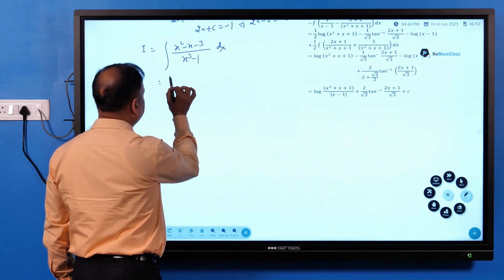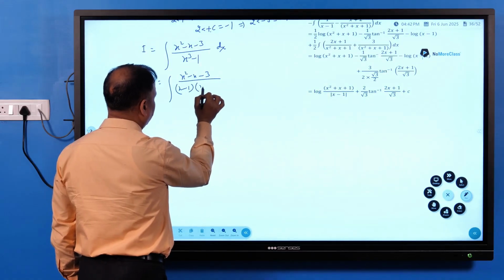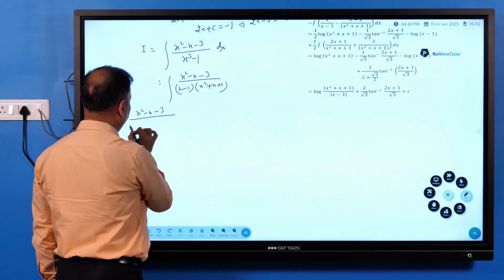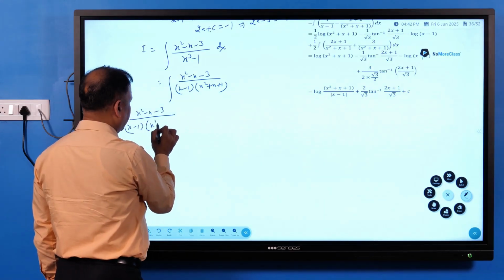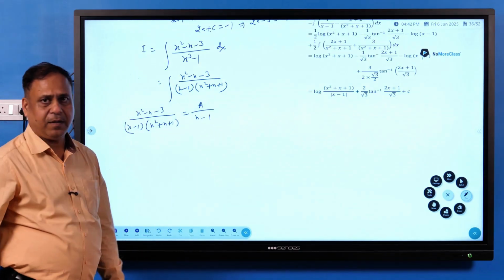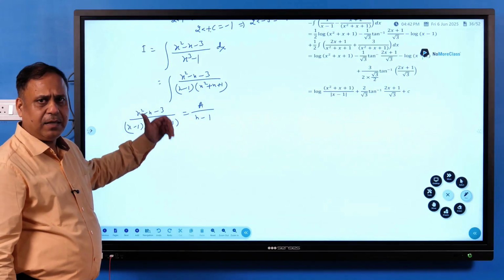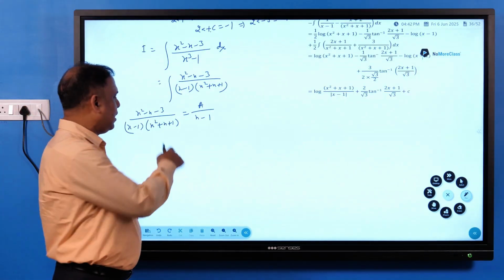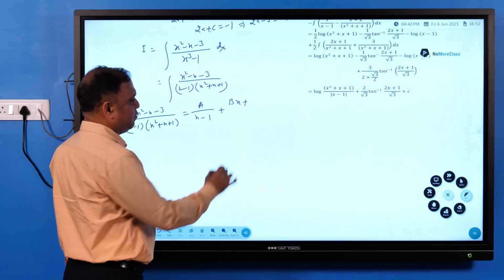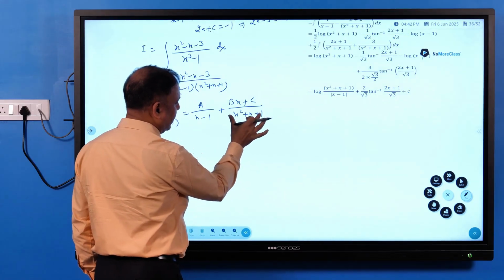I can write this as (x² - x - 3)/((x - 1)(x² + x + 1)) = A/(x - 1) + (Bx + C)/(x² + x + 1). Remember, whenever a quadratic factor is there, the numerator must be one degree less, so for the quadratic factor I will have a linear numerator Bx + C, because I cannot factorize it further.